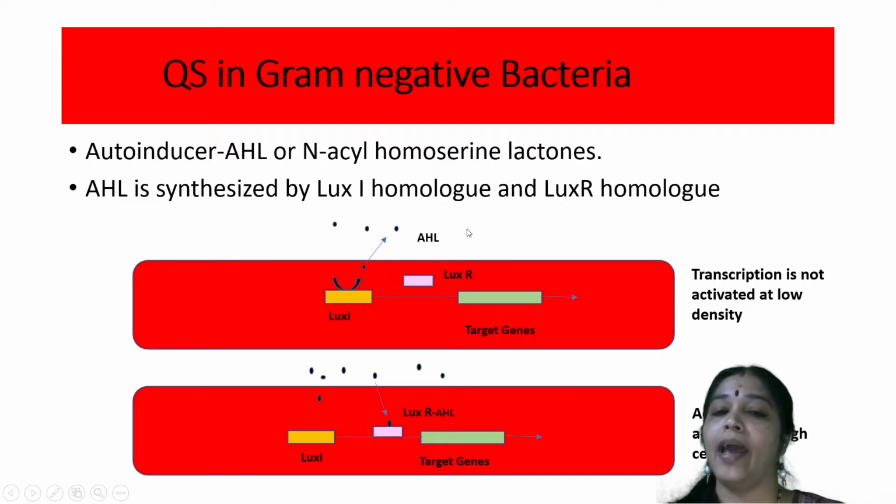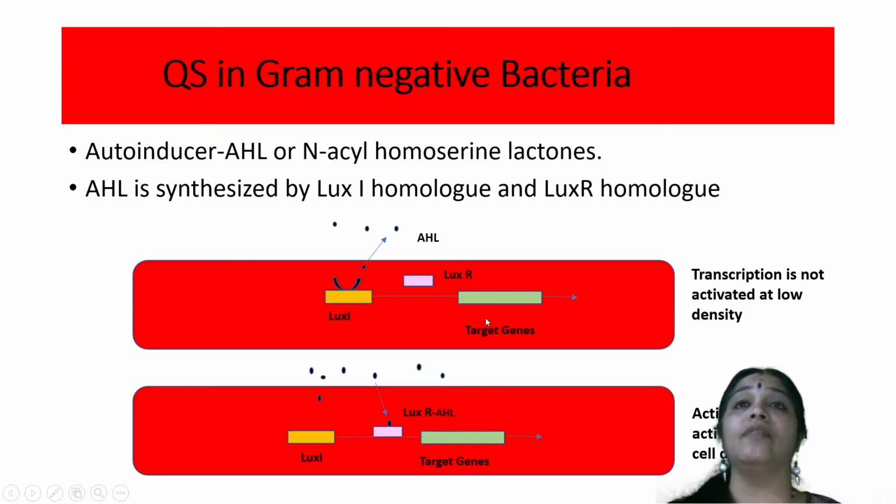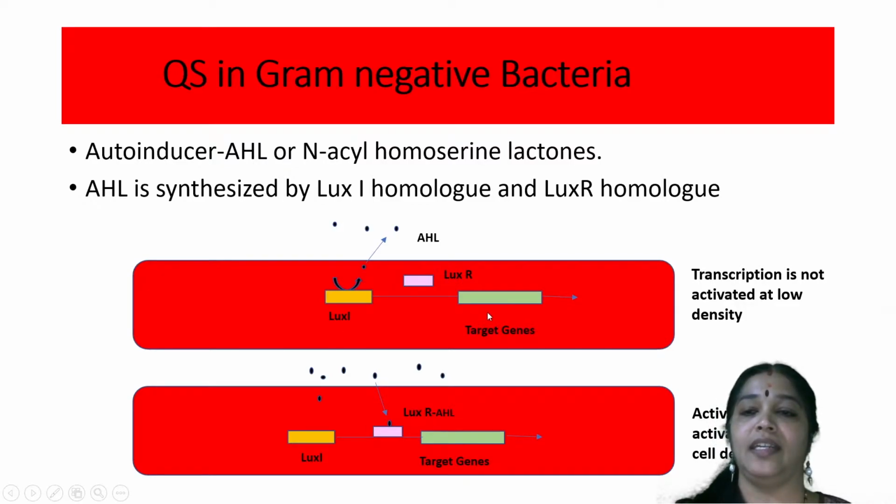But here what happens? The target gene, whatever gene this is, whether it is sporulation or virulence or bioluminescence, or from an agricultural point of view nodulation in a plant, there is no transcription of this target gene because of the low density, that is, the population is very less.